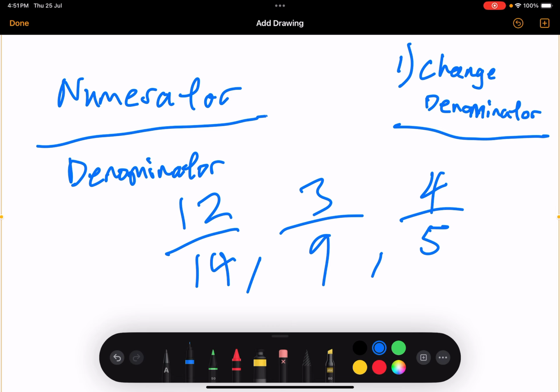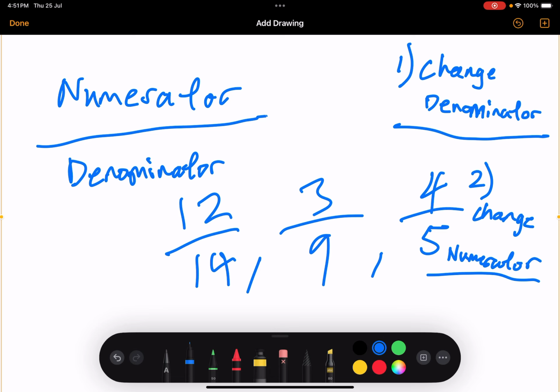Now the denominators are too big, so we have to go to the second method, which is change the numerator. Okay? So, now we try to change the numerator.